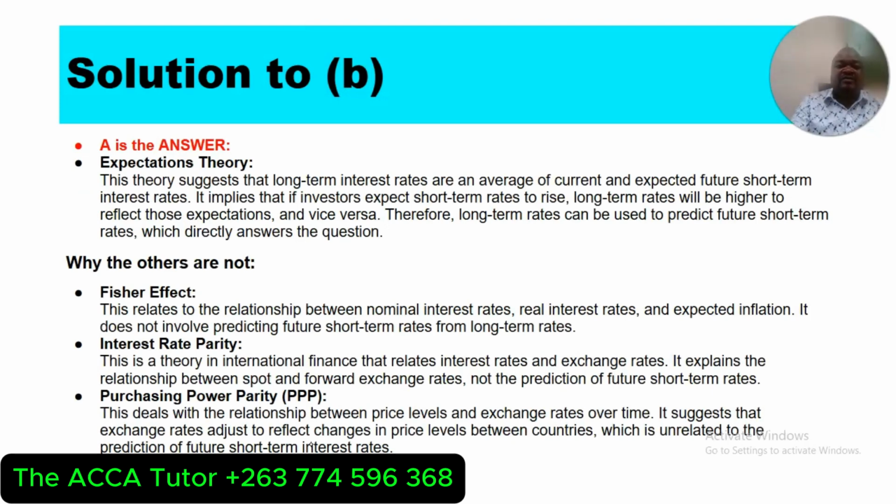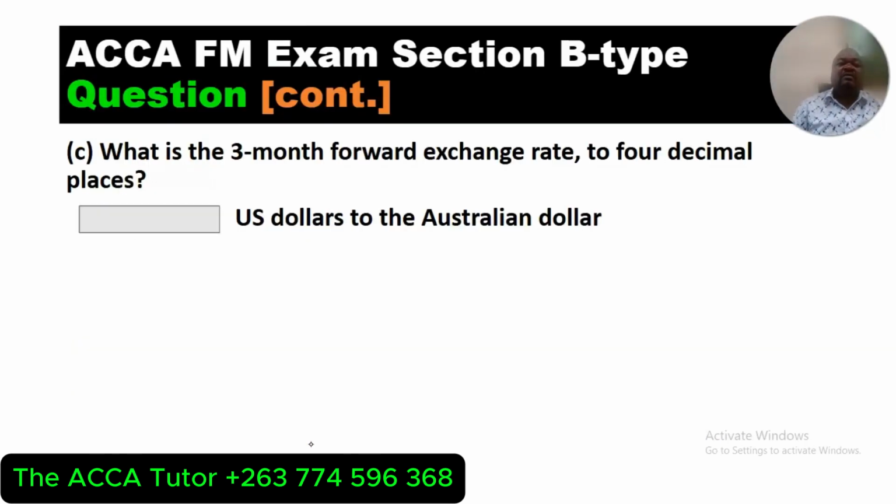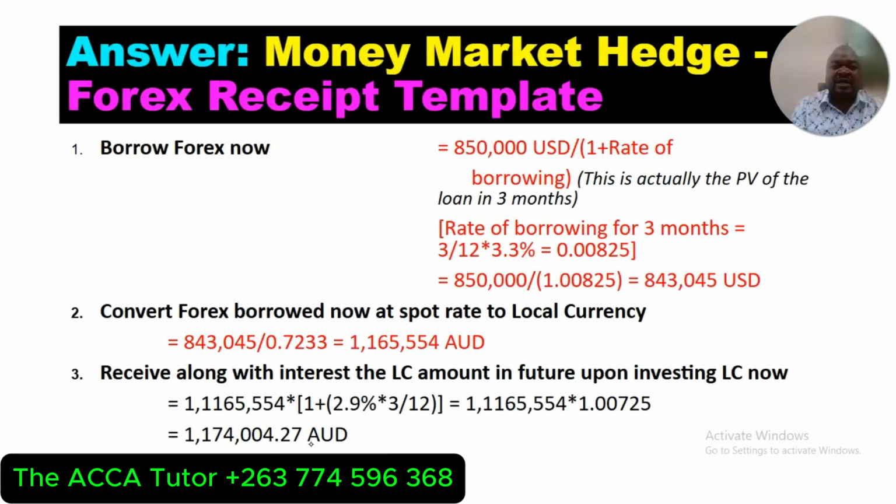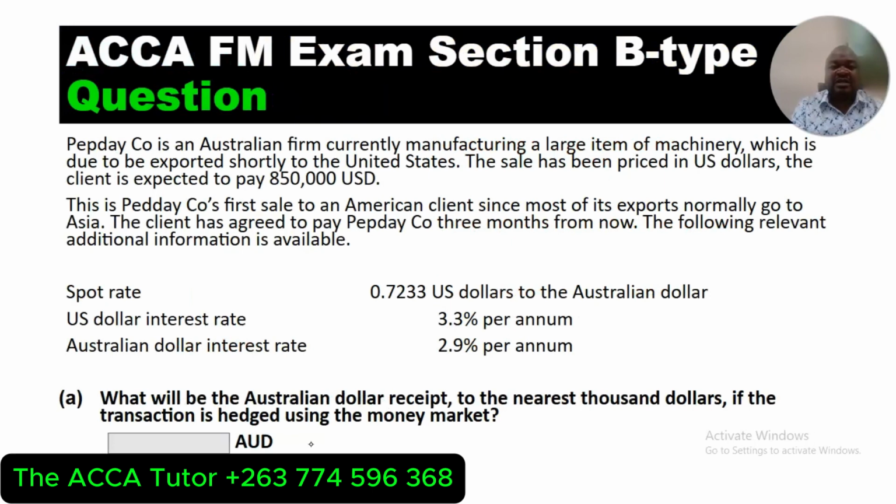Okay, now we have talked of those theories. Now, what is the 3 months forward exchange rate to 4 decimal places? So we come back to the question because we've been talking and talking and talking.